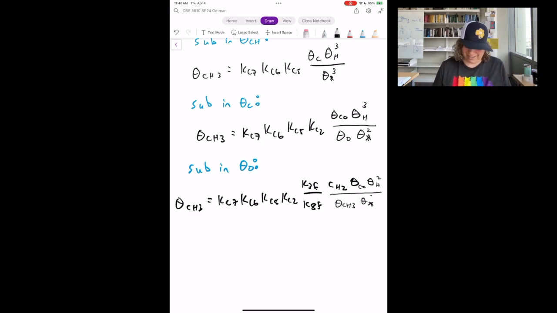Okay, so now we're getting somewhere. Next thing I'm going to do, I see I have two instances of theta CH3. I'm going to combine those. So we'll say rearrange.